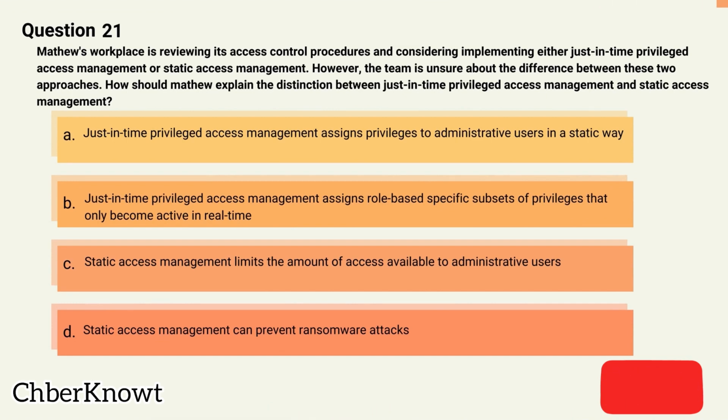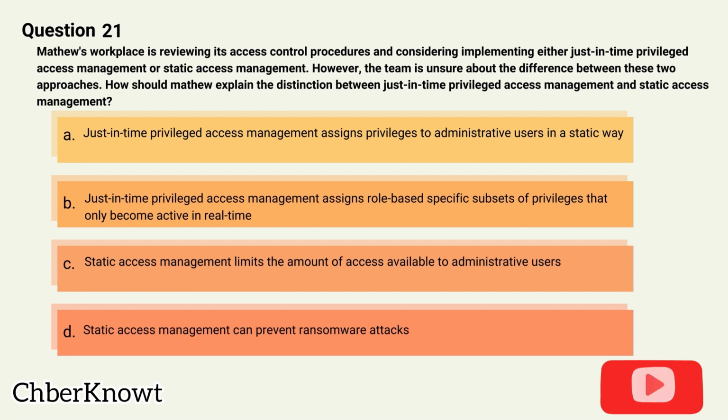Question 21. Matthew's workplace is reviewing its access control procedures and considering implementing either just-in-time privileged access management or static access management. However, the team is unsure about the difference between these two approaches. How should Matthew explain the distinction? Option A. Just-in-time privileged access management assigns privileges to administrative users in a static way. Option B. Just-in-time privileged access management assigns role-based specific subsets of privileges that only become active in real time.